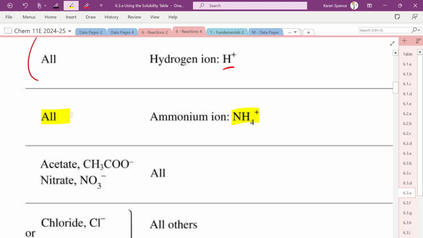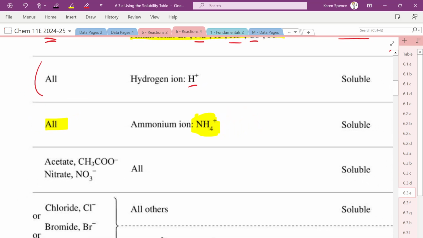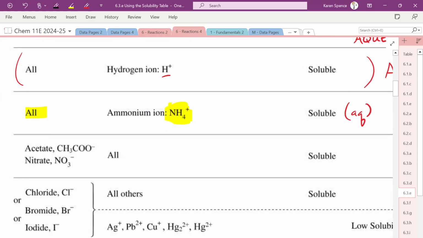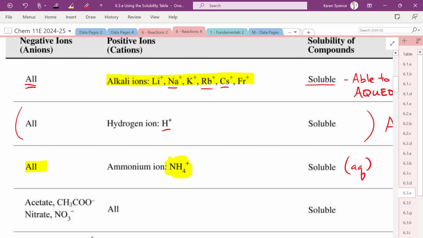They're all soluble because it's paired up with ammonium. Did I say ammonia? I meant to say ammonium. Okay? So no matter what you put it with, ammonium salts are all going to be aqueous. So that takes care of our completely soluble cations. Yes? So we have 3 groups. We have the alkali, we have hydrogen, we have ammonium.